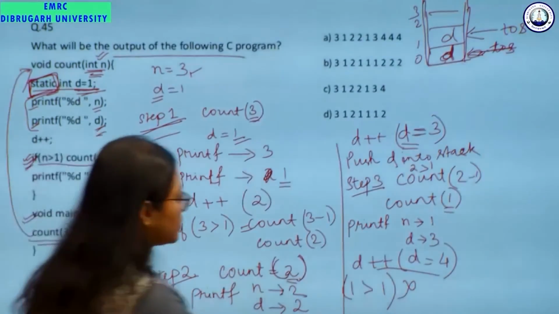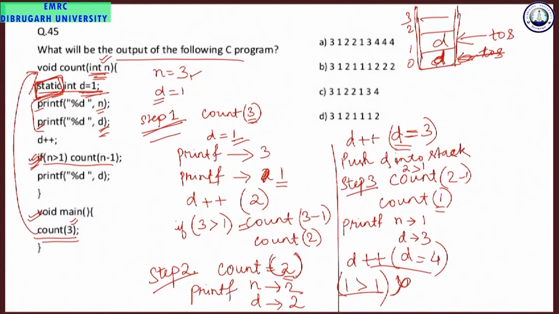So, we will come to this position, printf. So, what is the value of d here? At this printf it will be 4, because at this point the value of d is equal to 4.